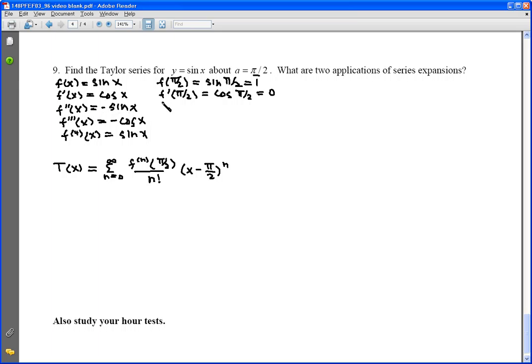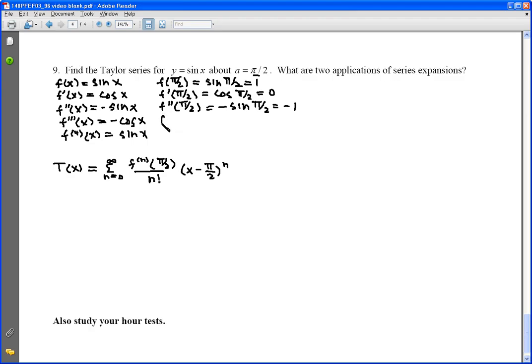And then f double prime at pi over 2 is negative sine pi over 2, which is negative 1.